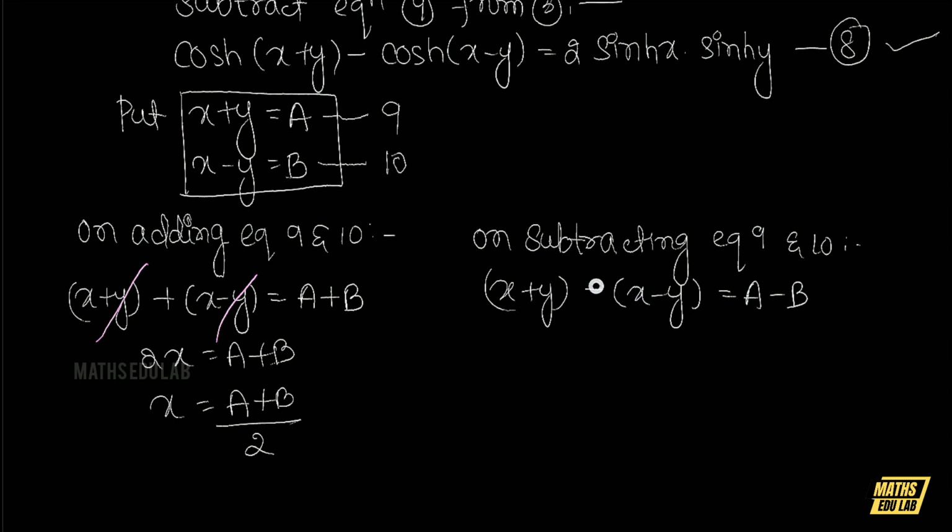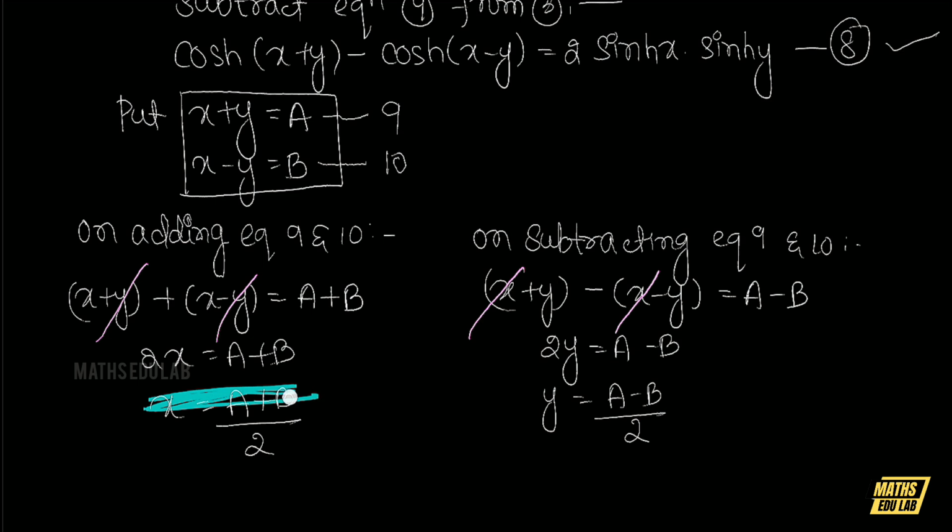Here the plus x and minus x will get cancelled out, and we have plus y, minus of minus, that means plus y. So 2y is equal to a minus b, so y is equal to a minus b upon 2. So these are the values which we got here.